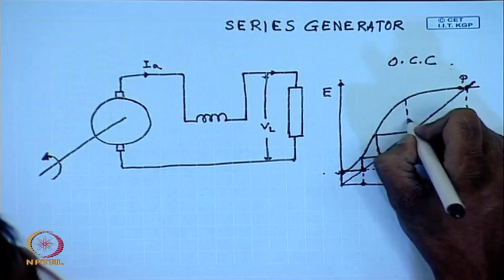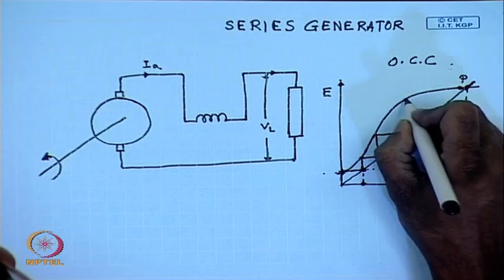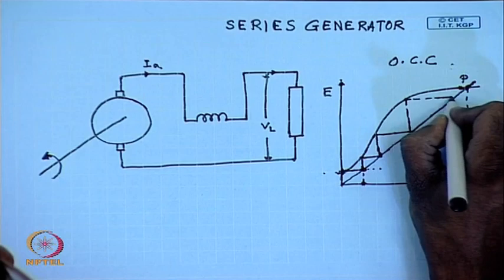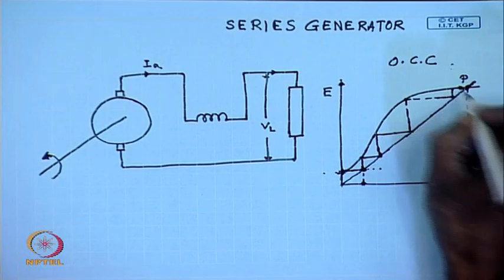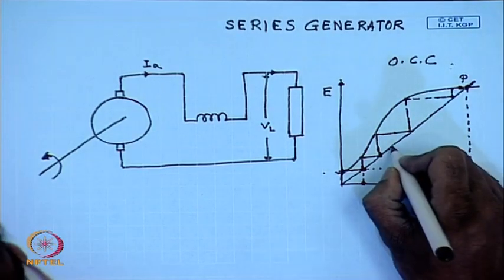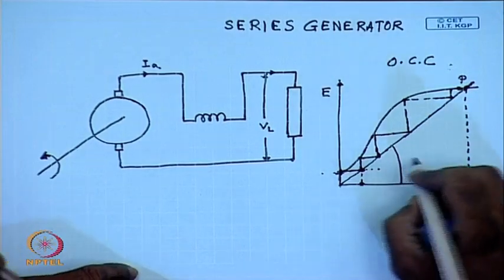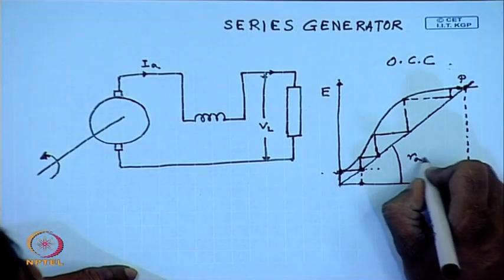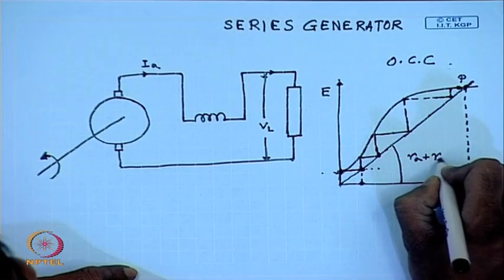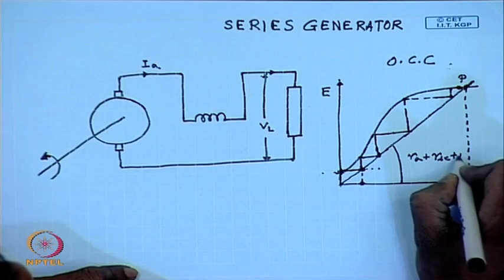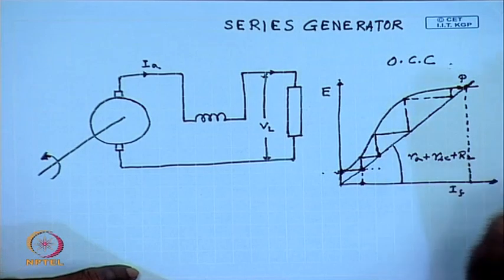It is similar to that of a shunt generator, except that the slope of the load line now includes the armature resistance, the series field resistance plus the load resistance.